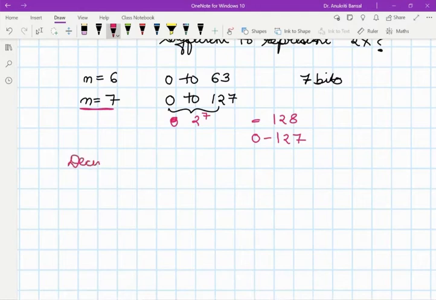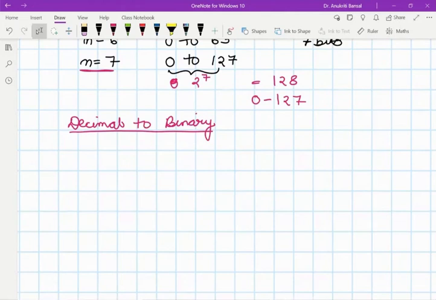So how to find the binary equivalent of a decimal number. Okay. So what we do is we divide the decimal number by 2 and again we divide the obtained quotient by 2. We keep on dividing the obtained quotient by 2 until the obtained quotient is equal to 1.